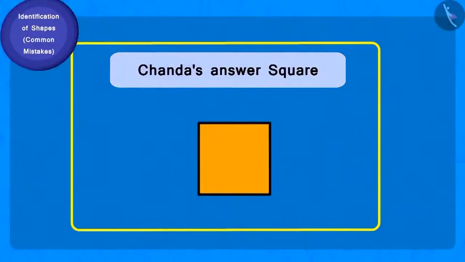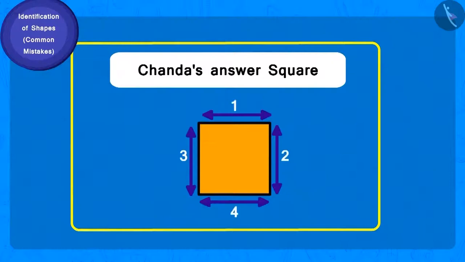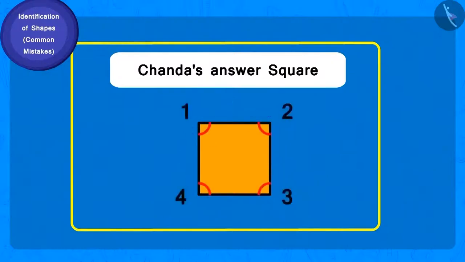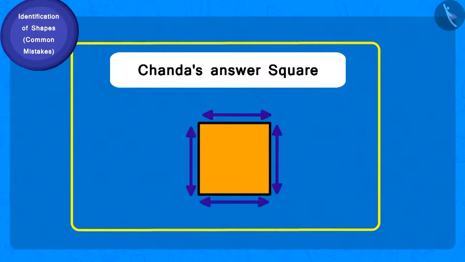Chanda has written square as her answer. How many sides does a square have? 4. And how many corners? 4. Are all the sides of a square equal in length?